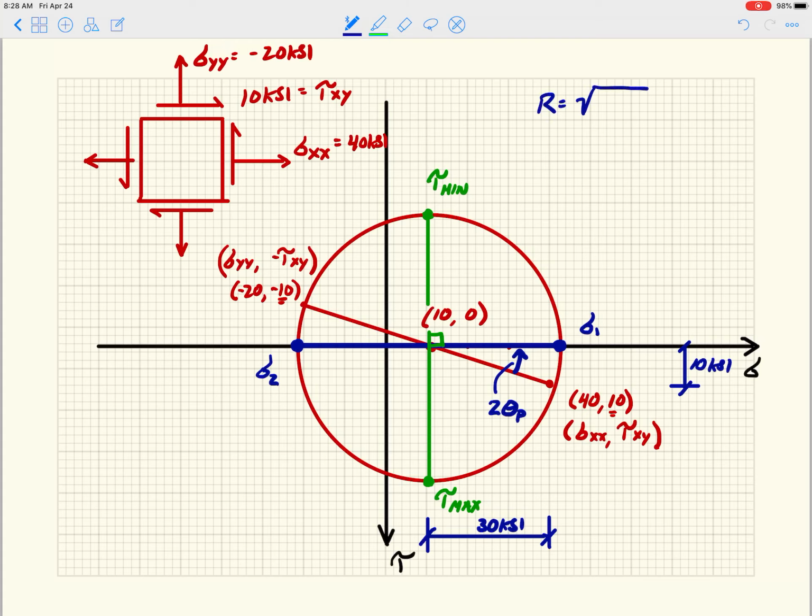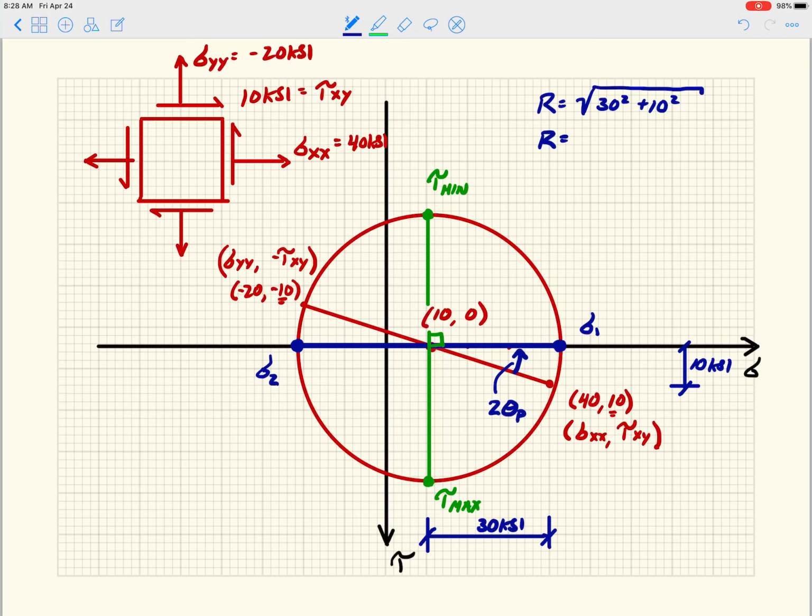So what is the radius? Well, the radius is going to equal the square root of 30 squared plus 10 squared. So that is 900 plus 100, square root, so the square root of 1,000.